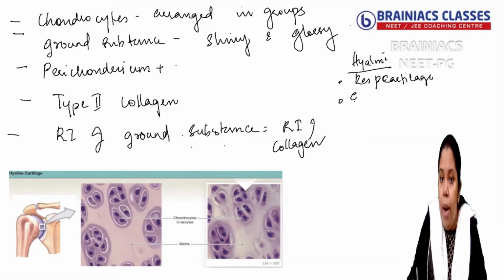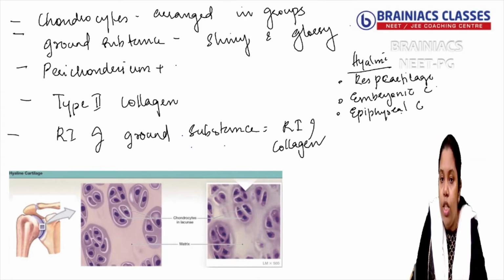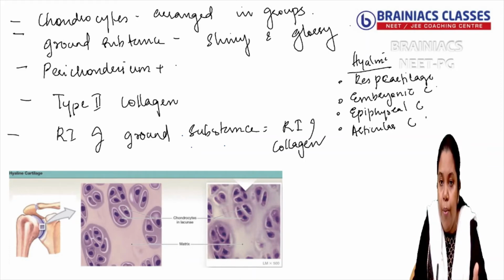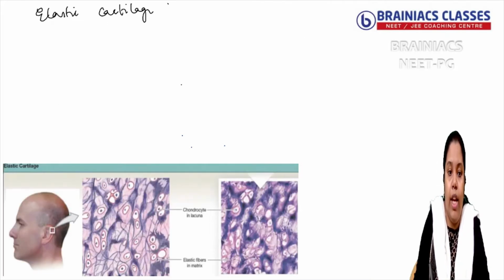Then the embryonic cartilage, the epiphyseal cartilage, and the articular cartilage are all hyaline cartilages. Understand? Second is the elastic cartilage.